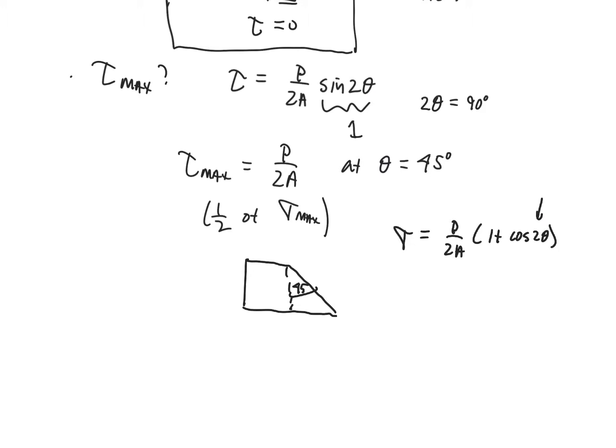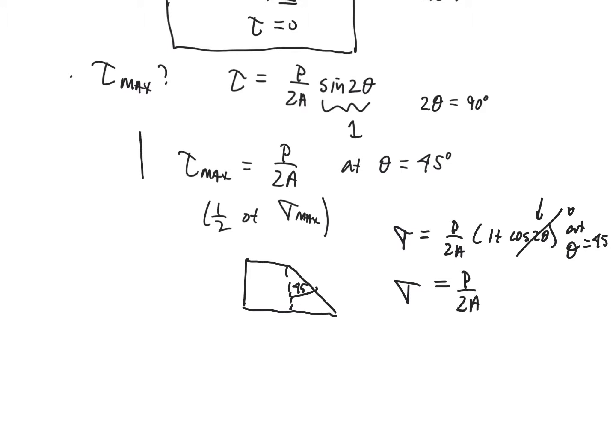Well, when theta is equal to 45, we get the cosine of 90. That's 0. So that one is going to be gone at theta equal to 45, and we find that sigma is P over 2A. So the sigma on the plane where tau is a max is P over 2A.